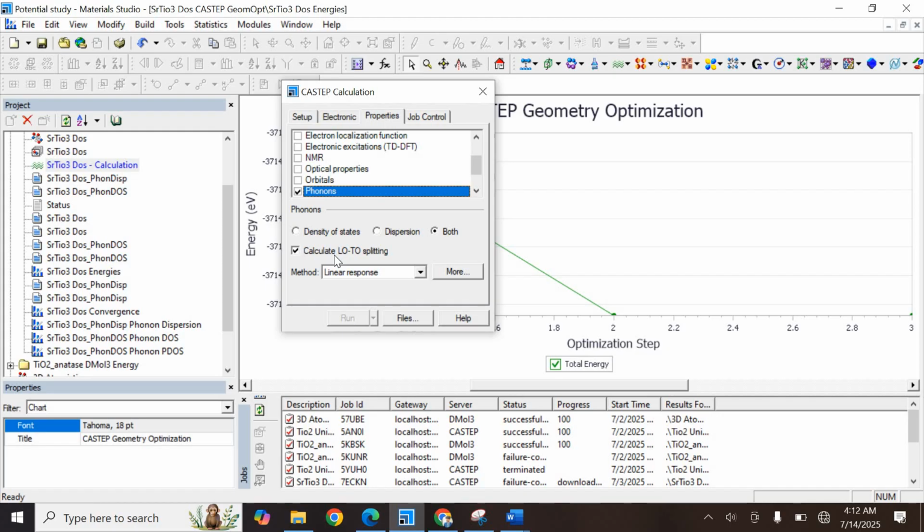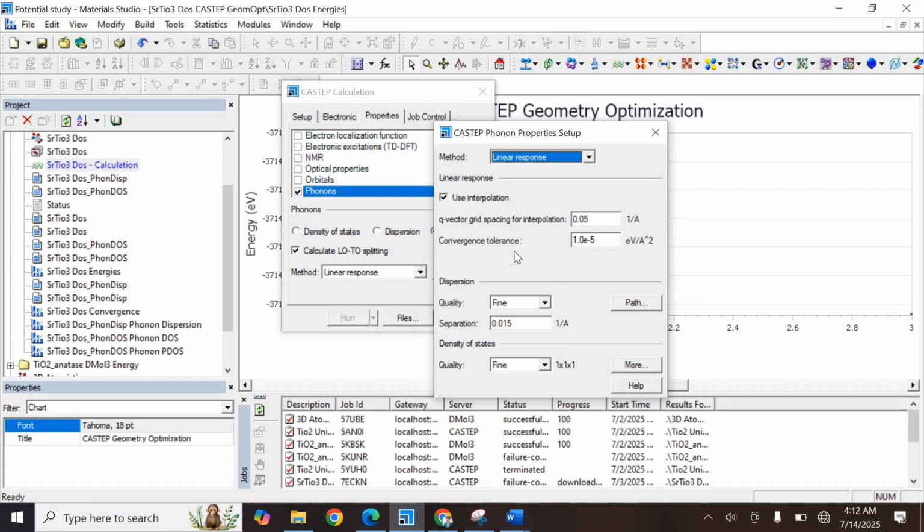In the method tab, we have two methods to calculate phonon DOS and dispersion. One is linear response and the second one is finite displacement. I chose the linear response method, which is based on density functional perturbation theory, and it provides accurate results, especially for polar materials.